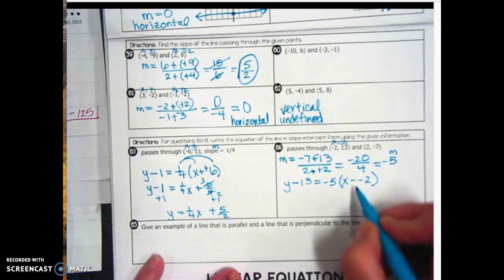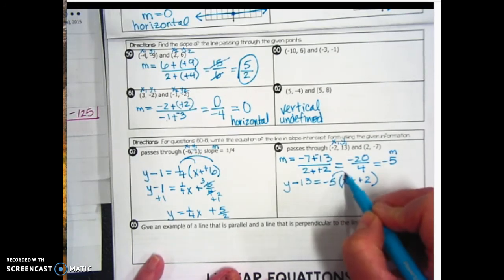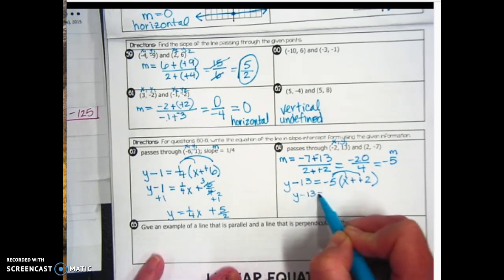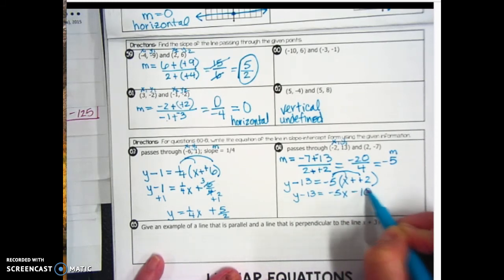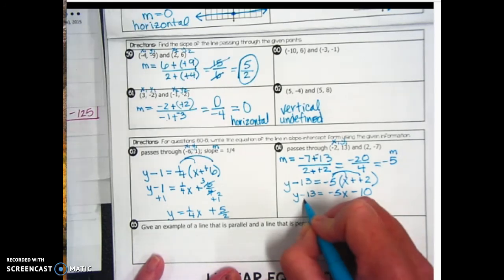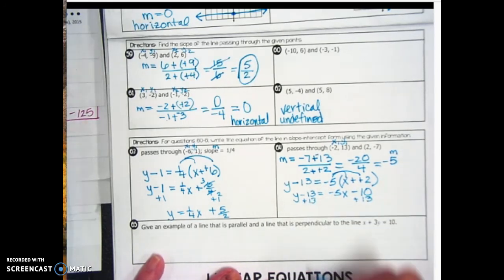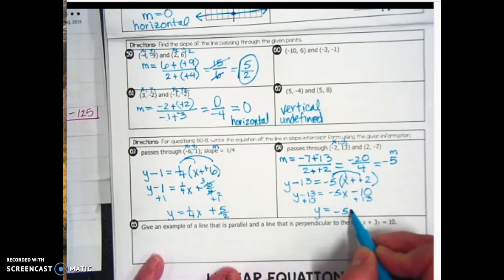So easiest thing to do is change this to plus plus. Next easiest thing to do is distribute here and here. So we have y minus 13 equals -5x minus 10. And then the last step is to get the y by itself. So you add 13, and you get y equals -5x plus 3.